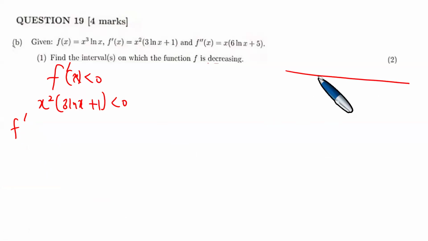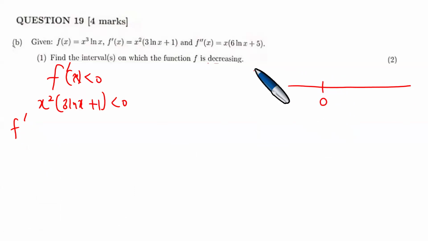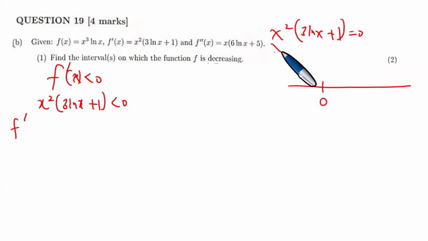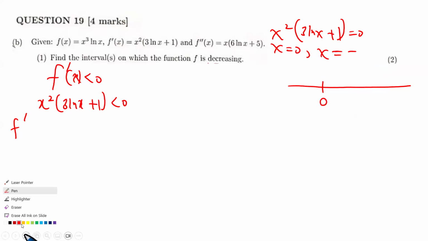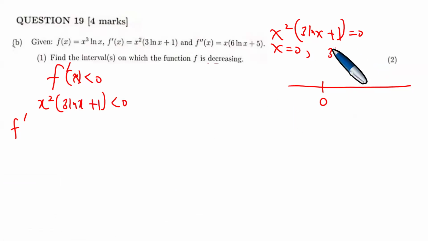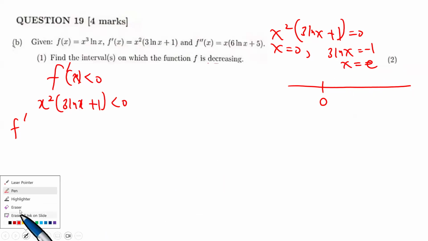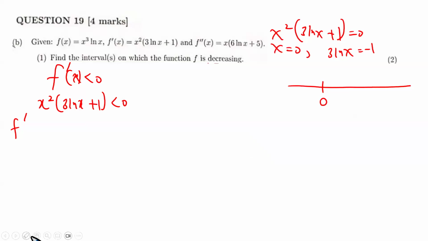So x squared, 3 ln x plus 1 is 0, which means x is 0, or for the expression within the parentheses, 3 ln x is minus 1. x is actually e to the power minus 1 over 3.